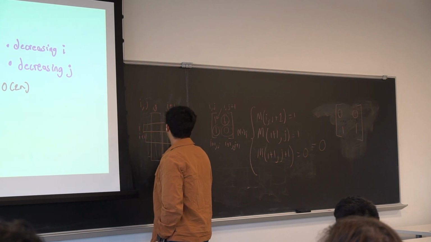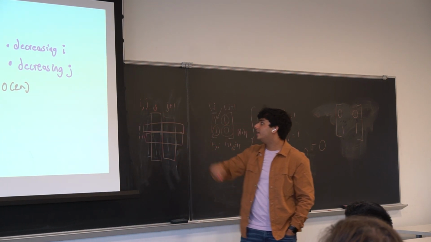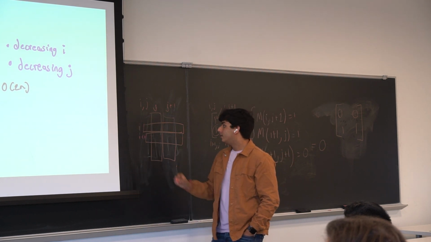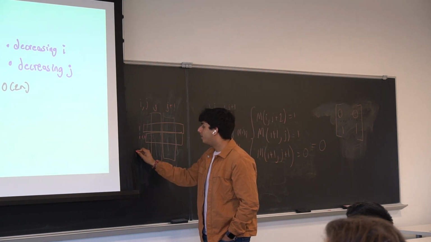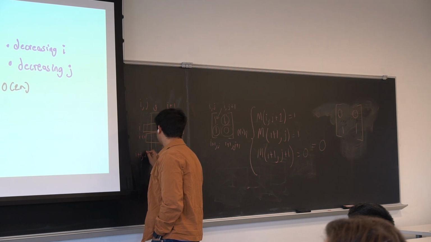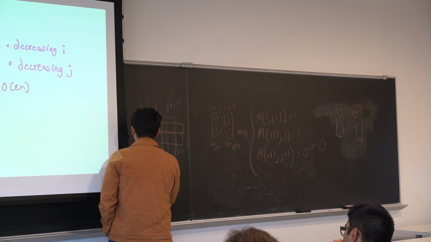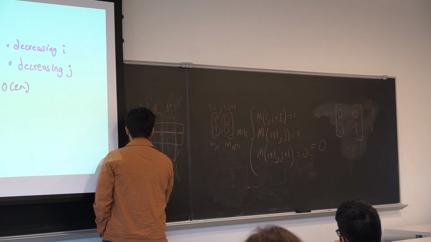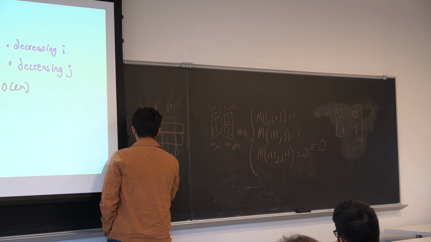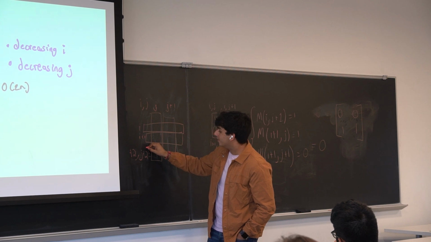Just for example. I move on, I've computed ij, I've computed i plus 1, j plus 1. Now I want to compute, let's say hypothetically, i plus 2, j plus 2. So that would be this value right here.